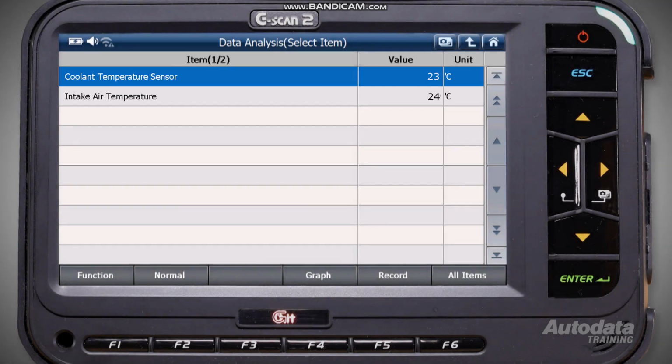They should be within a couple of degrees of each other. This will help decide if one of the sensors is not reading accurately. The intake air temperature is at 22 degrees Celsius or 72 degrees Fahrenheit, and the coolant temperature sensor is reading the same. This indicates that the sensors are reading correctly.